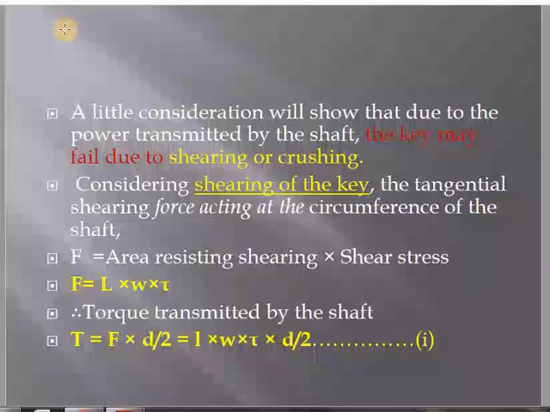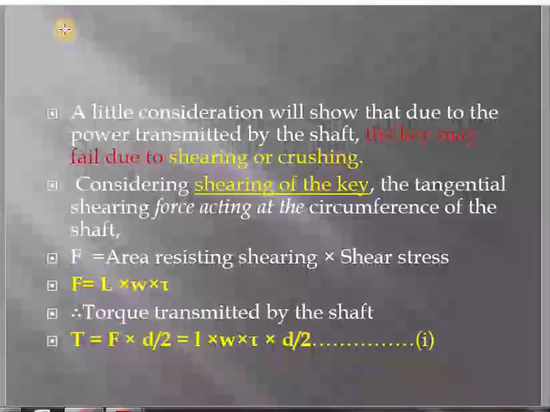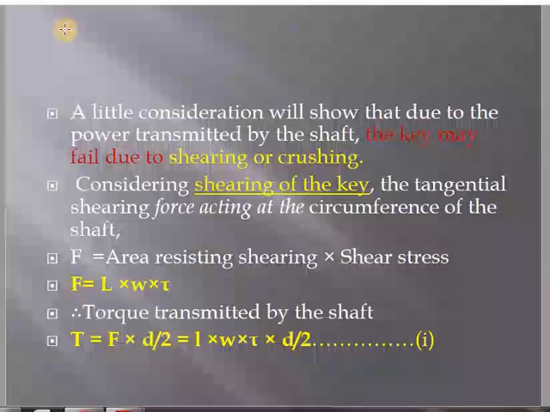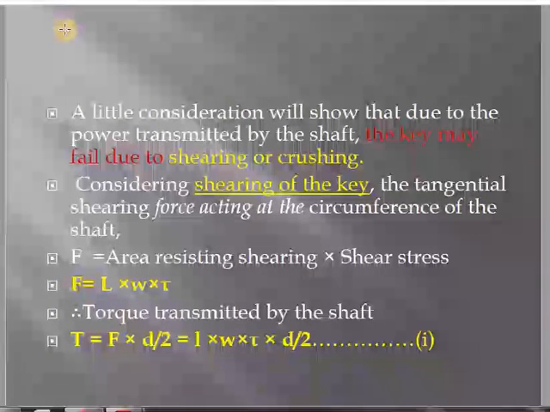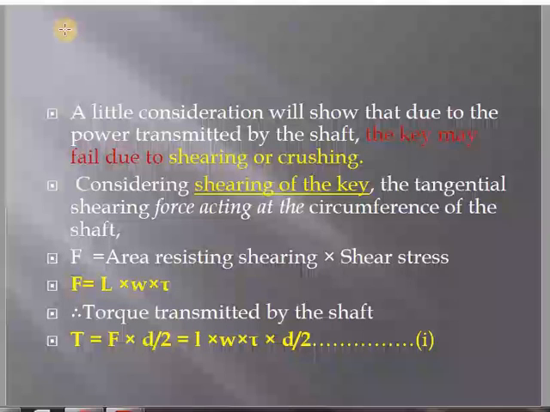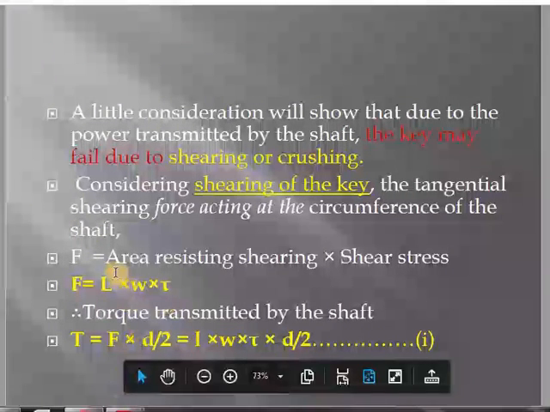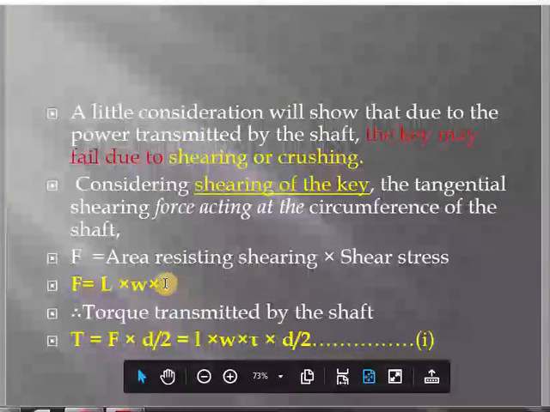Therefore, it is L into W into tau, and the torque transmitted by the shaft can be written as capital T is equal to F into D by 2, or it can be taken as L into W into tau into D by 2, where the area resisting shearing is nothing but L into W, and shear stress is taken as tau.